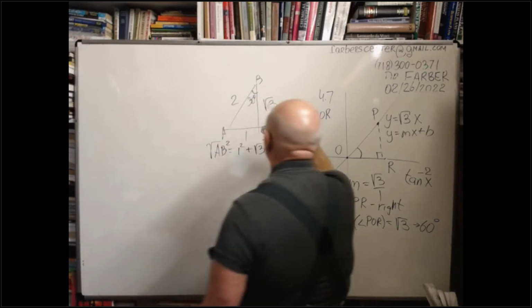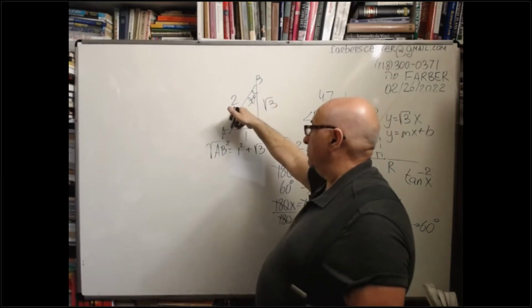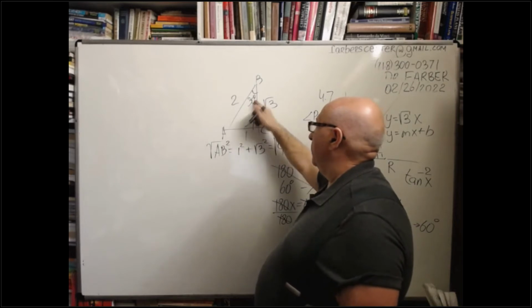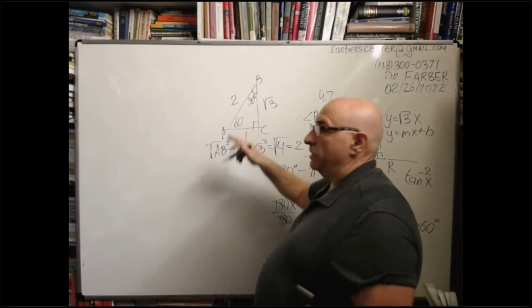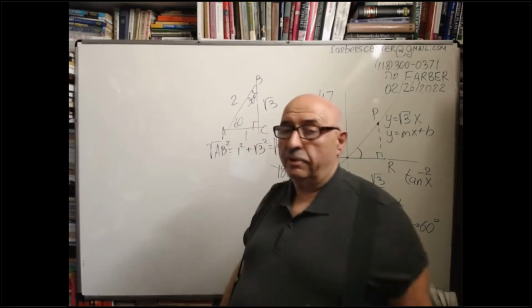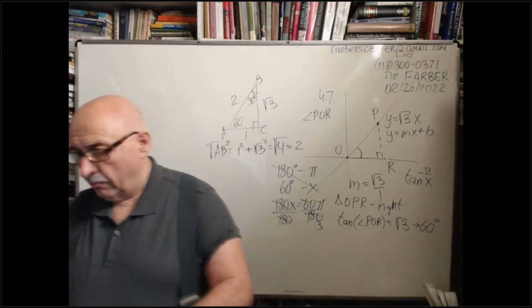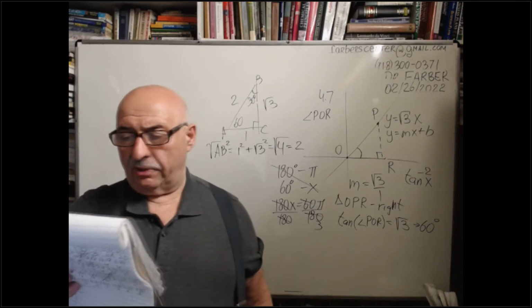Why? Because the leg opposite 30 degrees equals half the hypotenuse. And this is 90. These two angles are complementary, so 60 degrees. Instantly you get the answer: 60 degrees, everybody knows, is pi over 3. Any problem can be solved from a different perspective, but it is better to use trig, it will be faster.